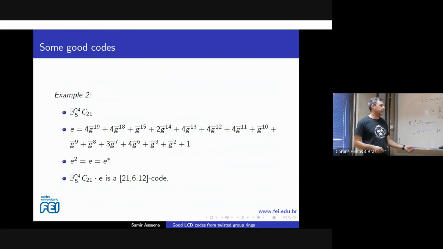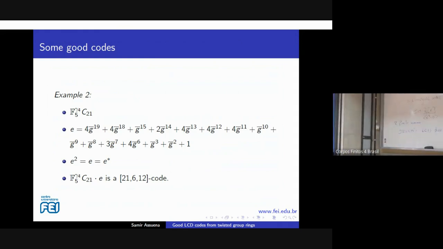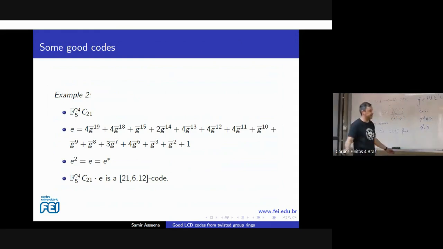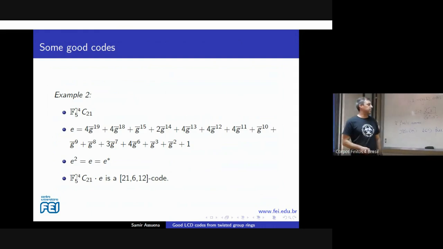And again, we have a good code for these parameters here. The length is 21 and the dimension of the code is 6. The best code known for this length and dimension has minimum weight equal to 12.